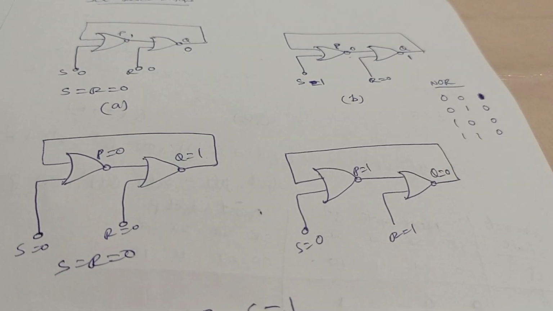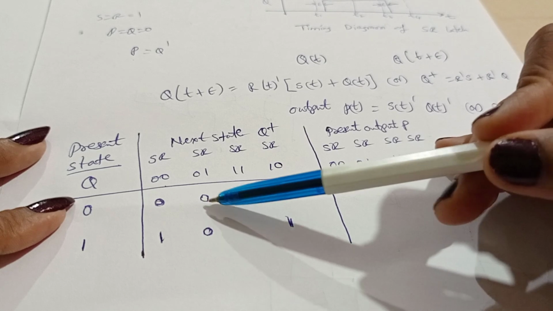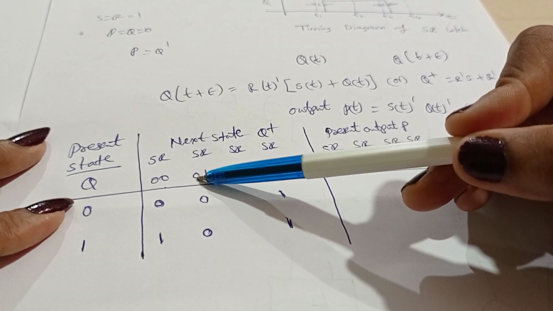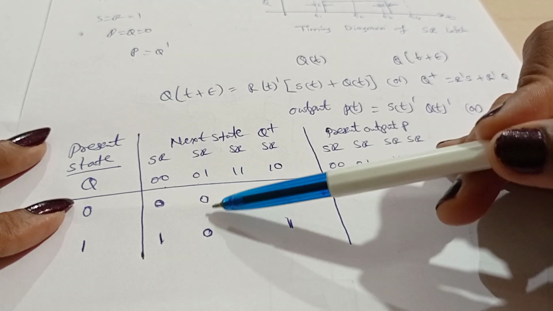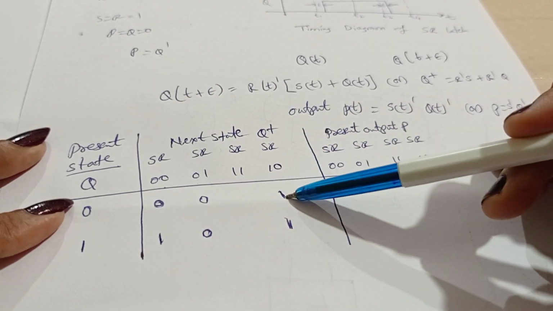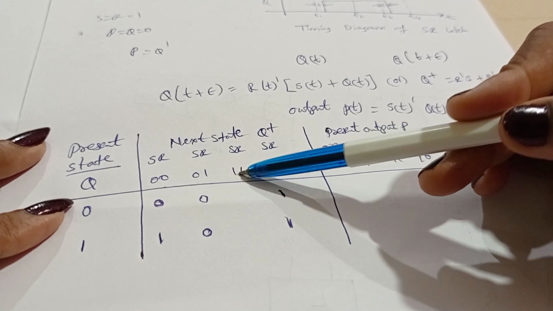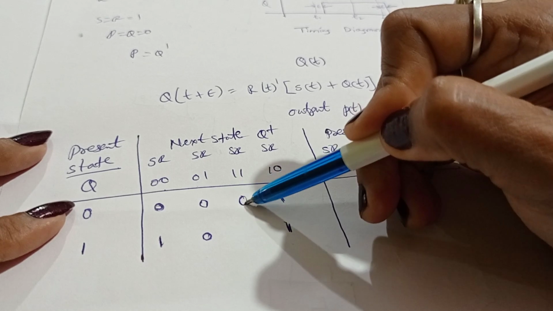Now we are constructing this table the same way. When S is equal to 0, 1, that is reset, the Q output becomes 0. When set is equal to 1, Q becomes 1. Same as when set and reset both values are 1, what we have discussed is that the output is actually 0.